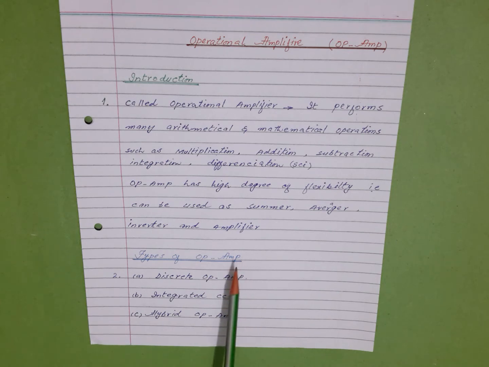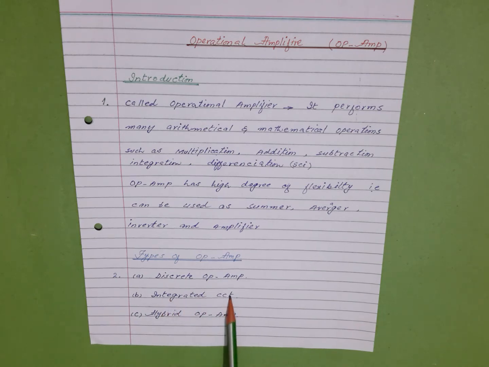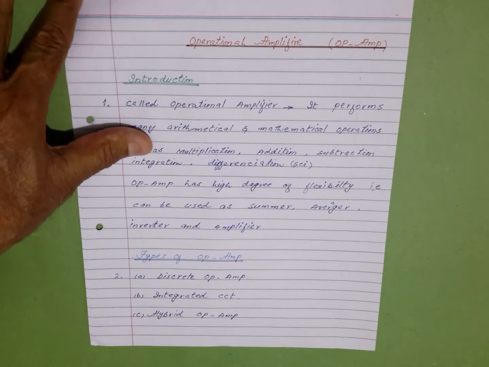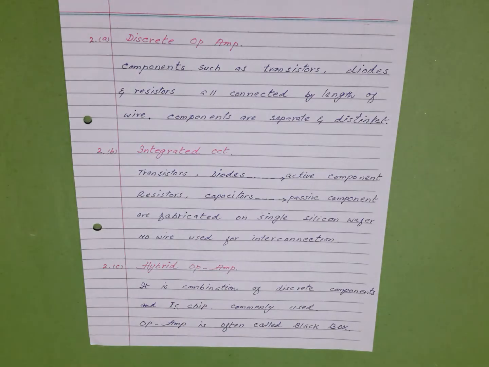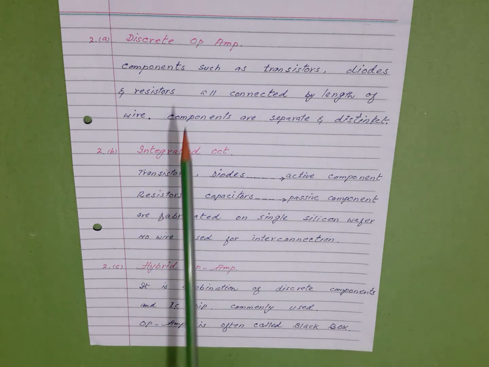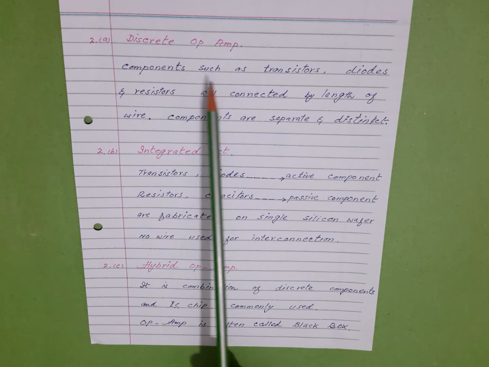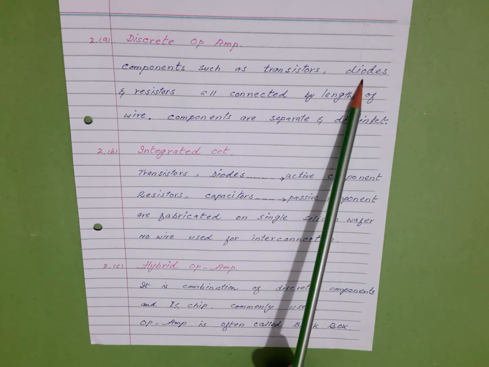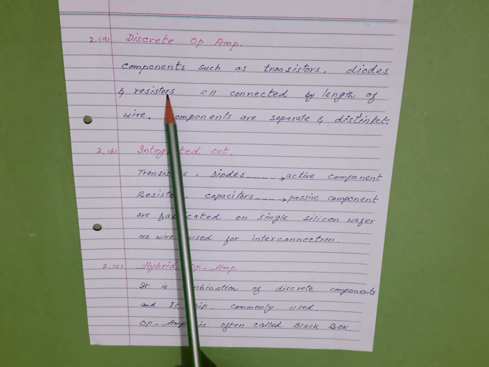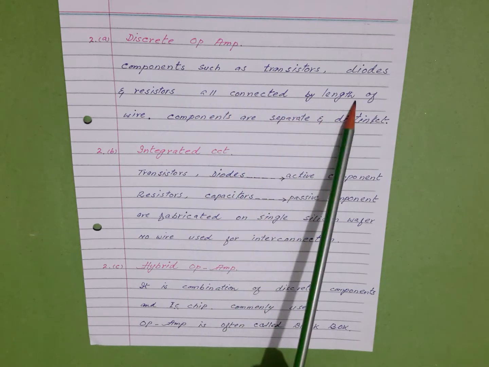Types of operational amplifier. The first one is a discrete op-amp, the second is an integrated circuit called IC, and the third is a hybrid op-amp. Discrete op-amp: in a discrete op-amp, components such as transistors, diodes and resistors are all connected by a length of wire.